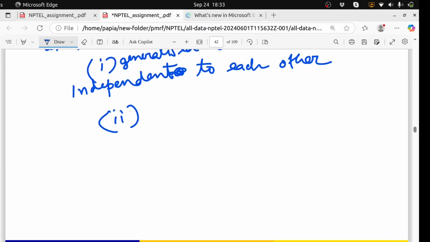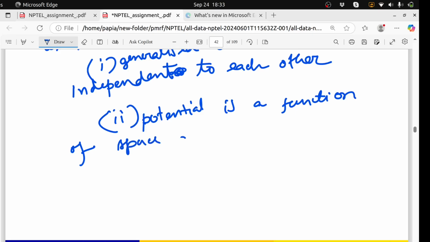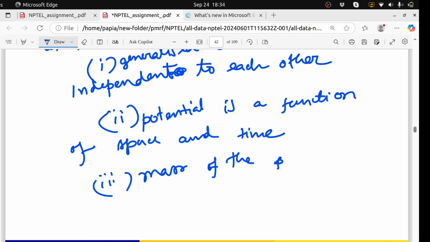Then potential is a function of space and time. Mass of the particle is constant.